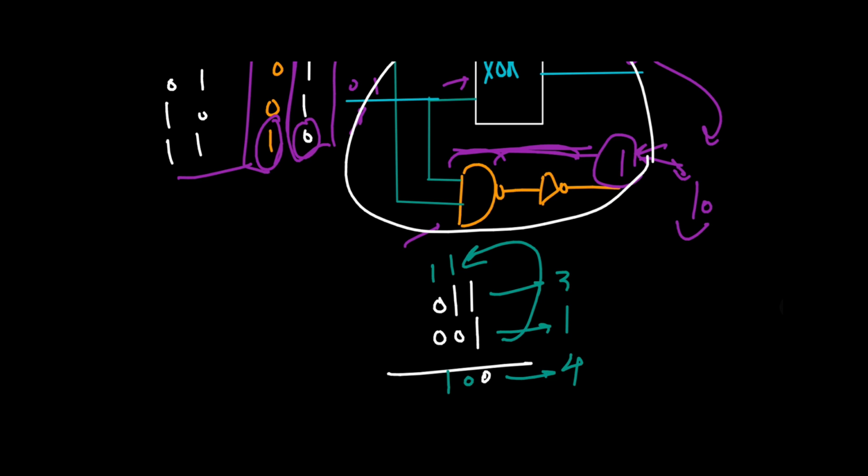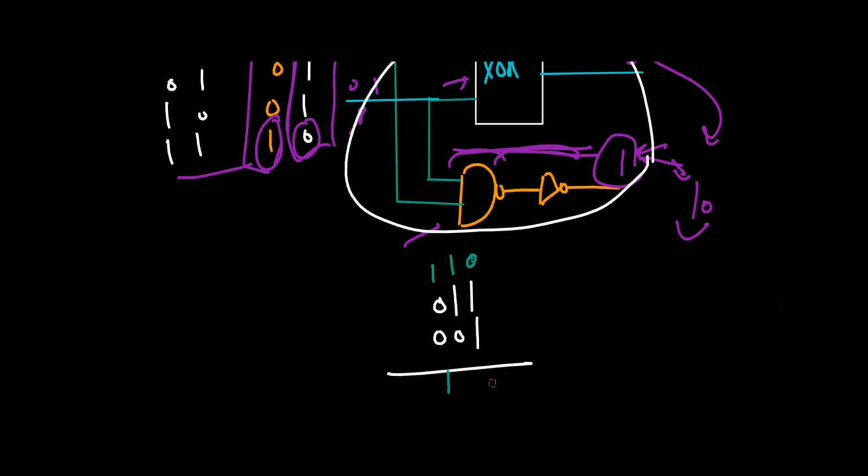As you see, in each stage other than the first one, we are actually adding 3 bits, or 3 inputs, instead of 2. So what you could say is that when we are adding one number with another, or one bit with another bit, we are actually adding 3 bits. The only thing is that this carry bit for the first stage is equal to 0.